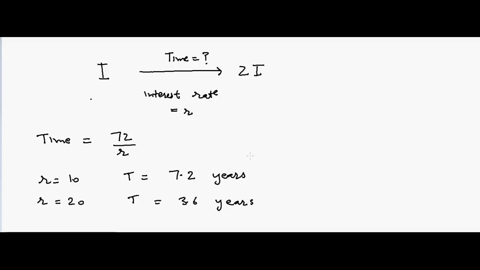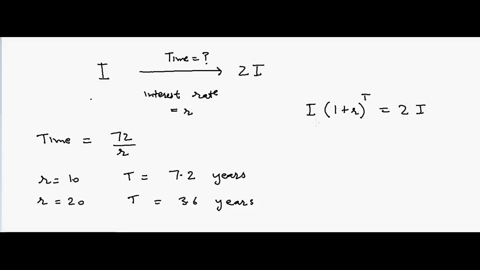So how does this rule work? Let's try to solve this problem in the regular way. Suppose we have investment I, and we have interest rate, so 1 plus R, and we invested for t years. That should be equal to 2I.